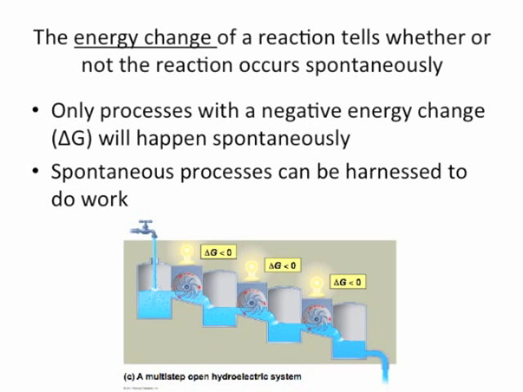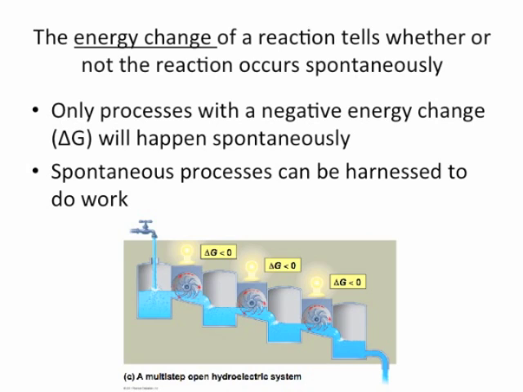Here's another example of a spontaneous process. Examples outside the cell are sometimes easier to grasp at first. Here's a hydroelectric system. You have water that has a lot of potential energy based on its location at the top of a hydroelectric system, in this top chamber. Down here, this chamber is much lower, so it has a lot less free energy.